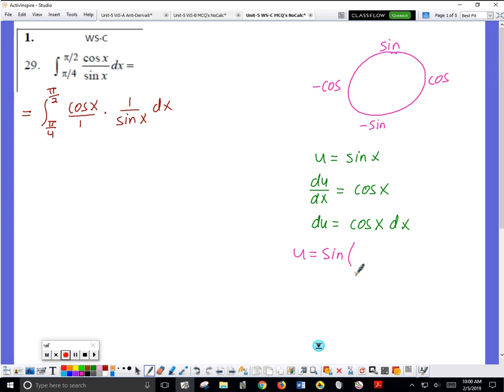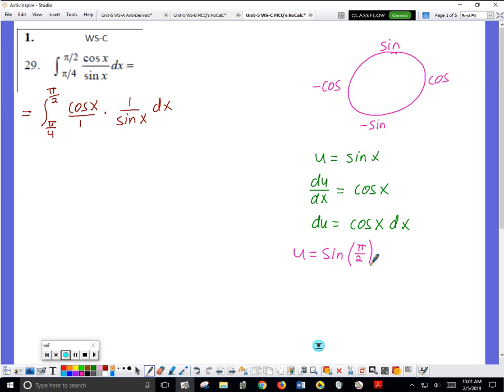Okay, so plug in pi over 2. Sorry, Zach, I didn't get back to you. You had a question: what happened to the 1 in the numerator? I'm trying to find a way to pick something as u so that when I take the derivative, my derivative is the other multiplying function.